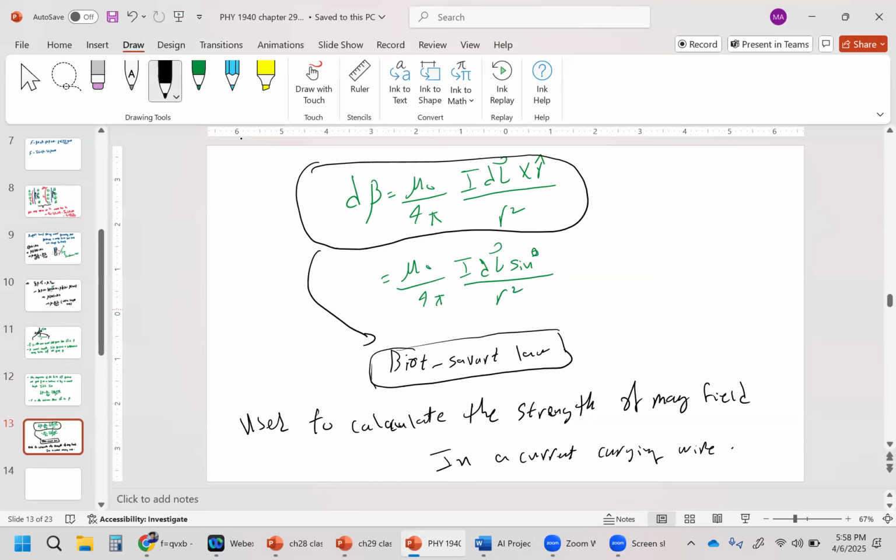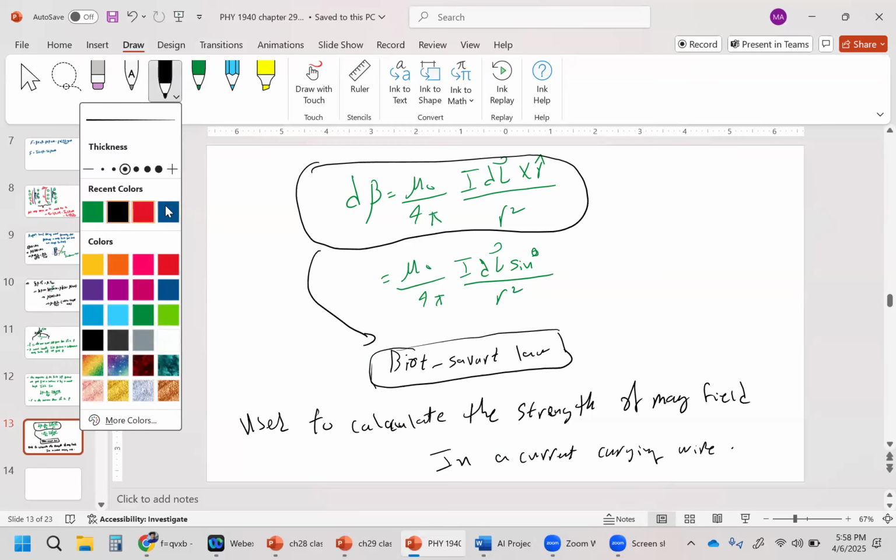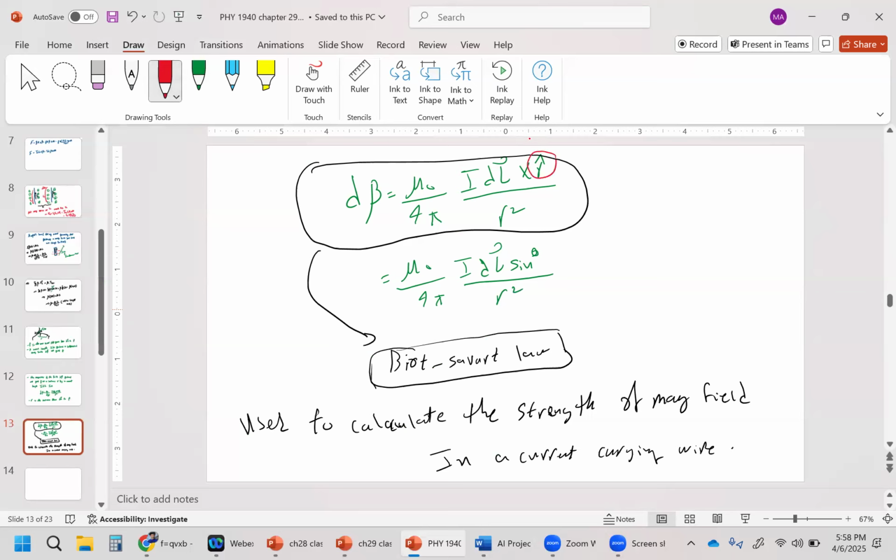So basically, we just developed the Biot-Savart law, which again is stated as dB equals mu naught over 4 pi I dL cross R hat divided by R squared. And again, R hat, this little fella, is a unit vector, which is going to equal 1 for our example, which is going to equal mu naught I dL sine theta over 4 pi R squared.